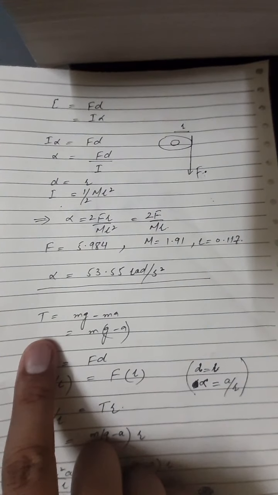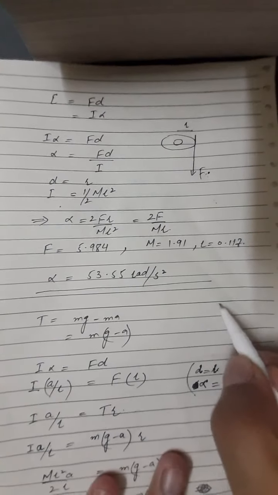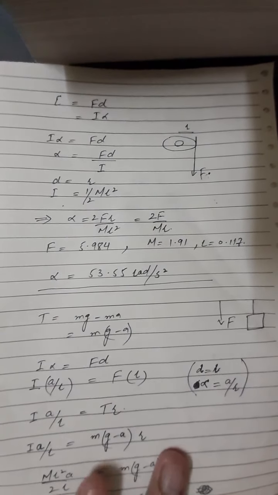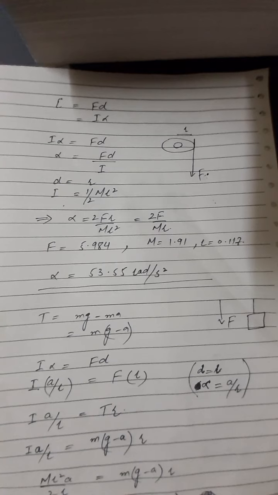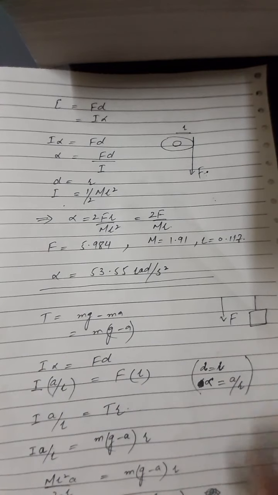Then in the second problem, it asks if we replace the downward force by a mass. The mass is 0.6 something, but that is not needed right now. So now what's the question?